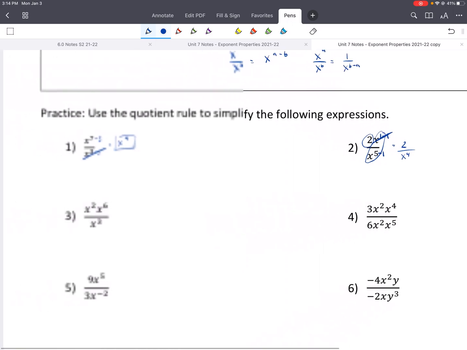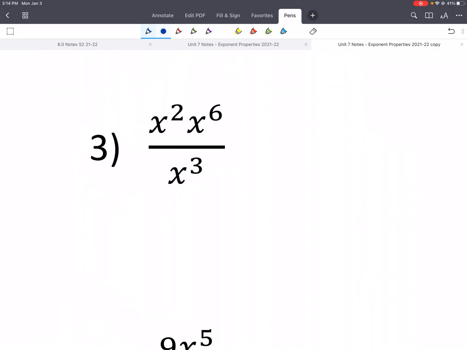All right, these ones are a little different because now we have 3 variables, 3 x's. If we have more than one on the top or the bottom, we're going to simplify the top first. In our last lesson, we talked about if we're multiplying like bases, we add their exponents. So that is x to the 8.